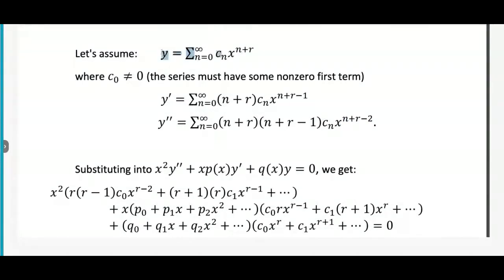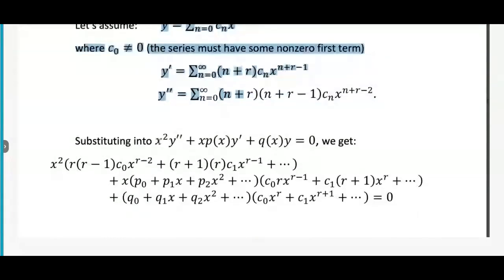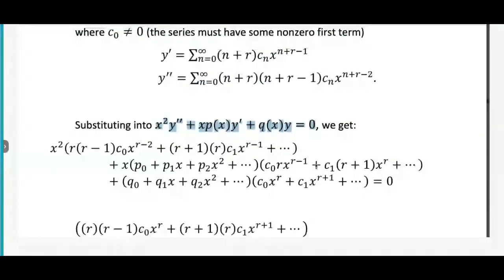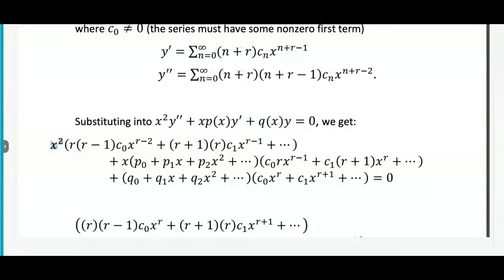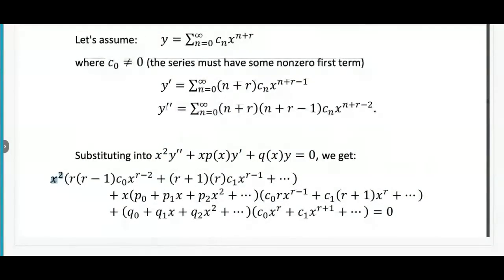I'll substitute these three into the original equation. So we get x squared times y double prime, then x times x p of x times y prime, then q of x times y.